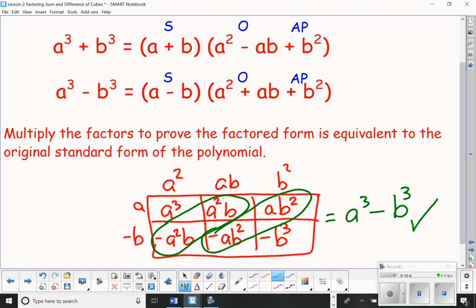It checks. And doing the sum results in the same, proving. Okay? If I multiply a plus b times a squared minus ab plus b squared, I would get a cubed plus b cubed. That is factoring sum and difference of cubes. You must remember the pattern. Okay? Great.